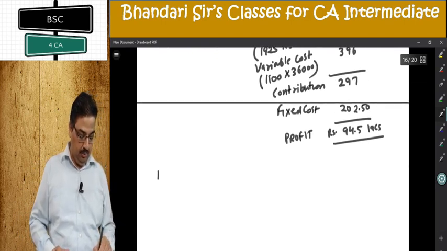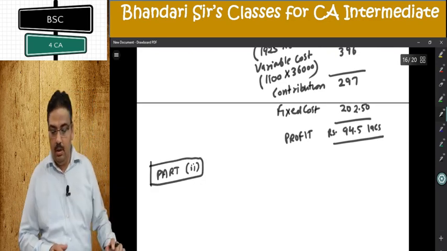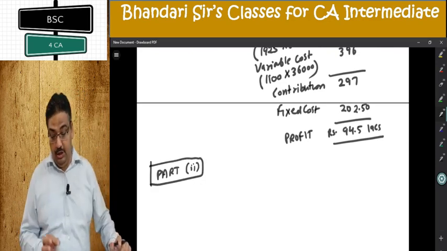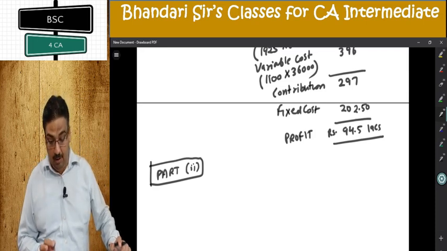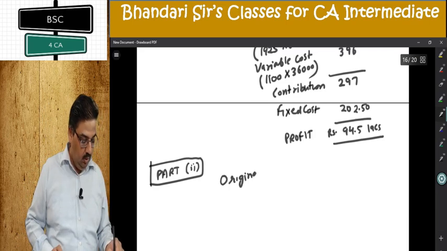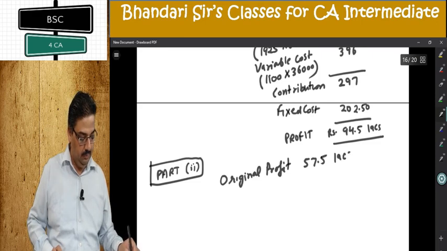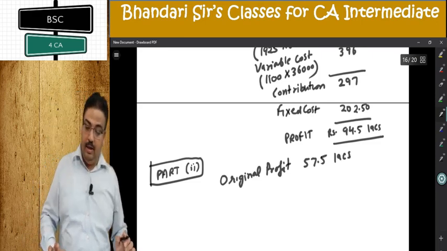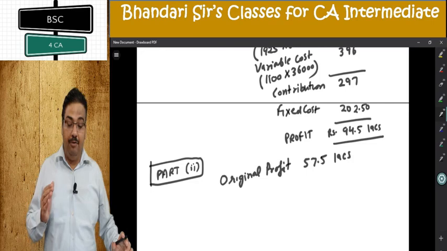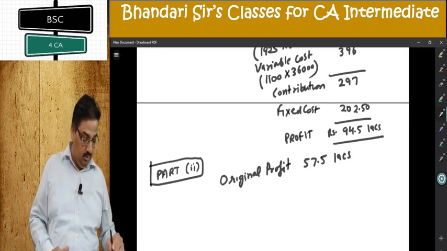Part 2 of the question. It says volume to be achieved to maintain original profit. Original profit was what? Original profit given in the question is 57.5 lakhs. They want to maintain this original profit after a 10% rise in material cost.